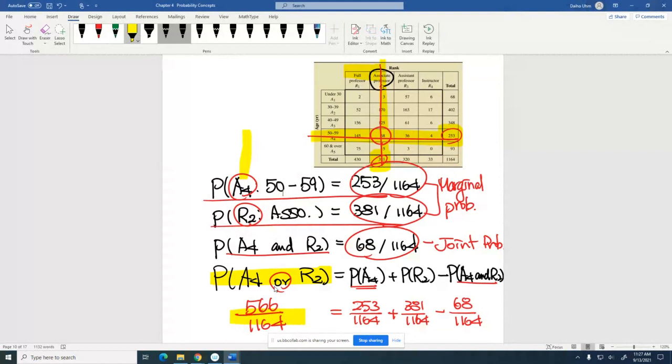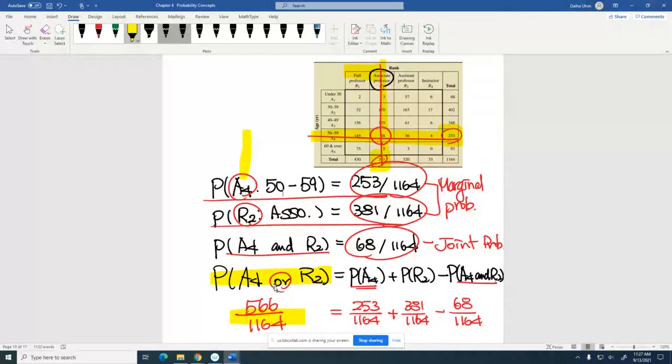This makes sense, right? And also, can you understand how you get the marginal probability? It's row-wise or column-wise. One way to get the marginal total. And the joint probability, yeah, the joint one, this one, and this one.